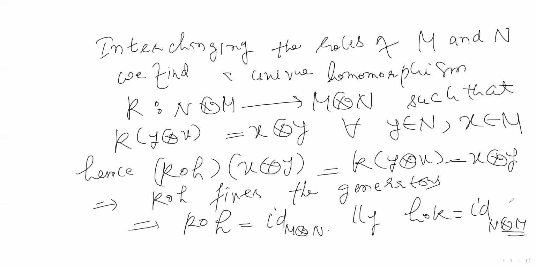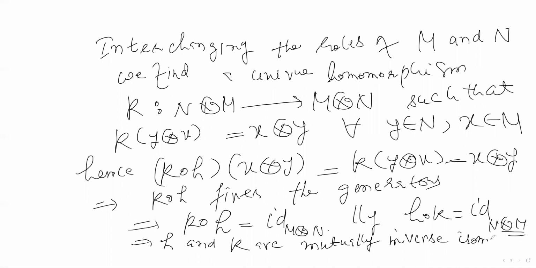So h and k are mutually inverse isomorphisms. So this means our job is done.